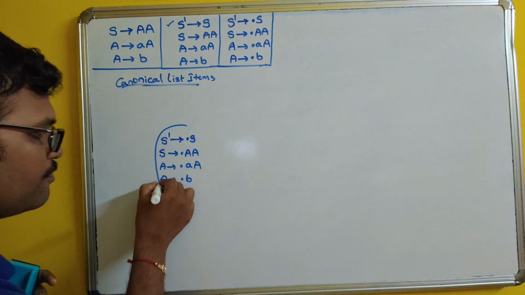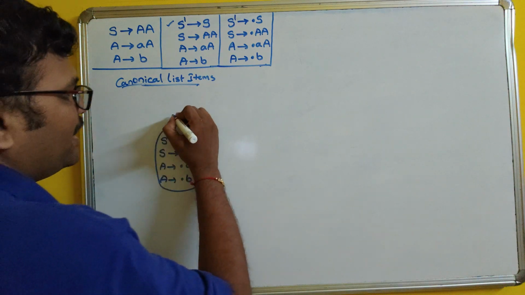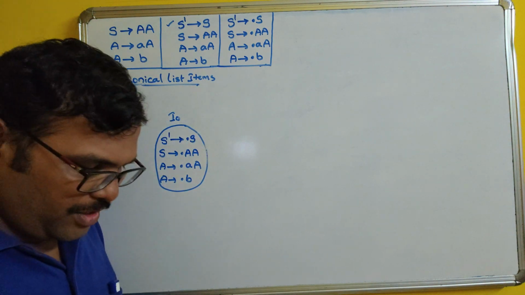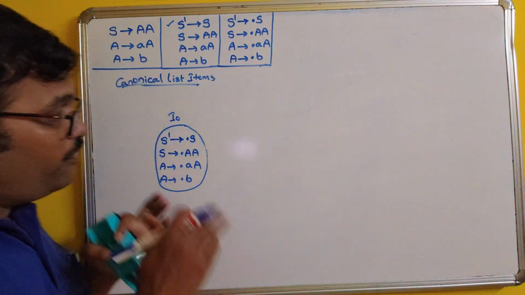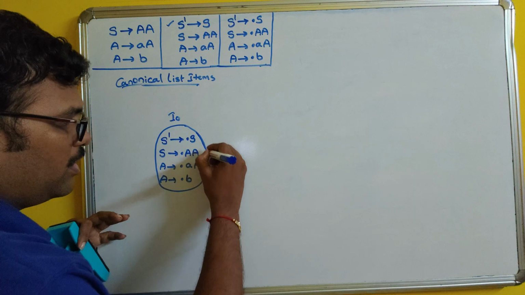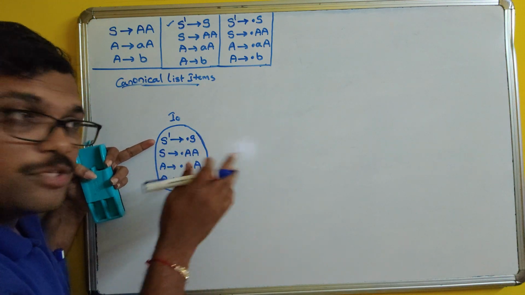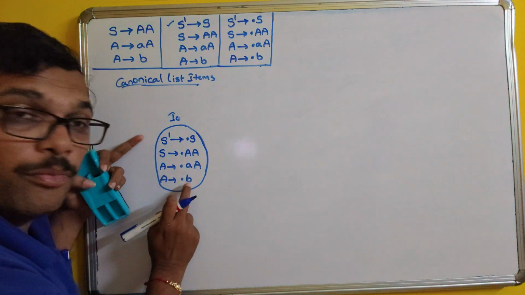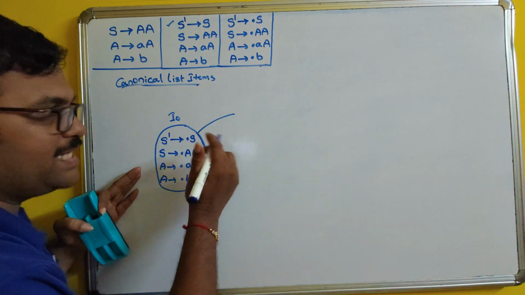So this is the start symbol. Let us consider it as I0. I0 means nothing but a state, the zeroth state. Now we have to find out for all the things. You can see there are different possibilities from S, A, small a, and small b. So you can expand this to the next level.